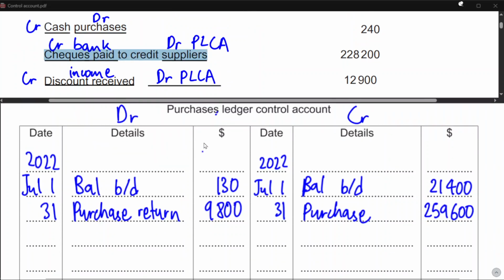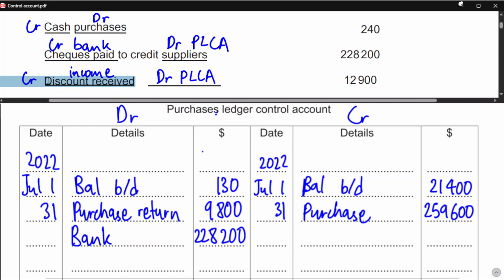PLCA debit bank, by this amount. Okay. Then go to next line. Next line is a PLCA debit in discount received.